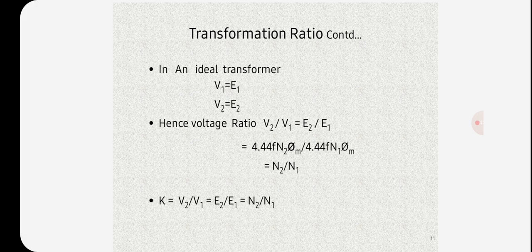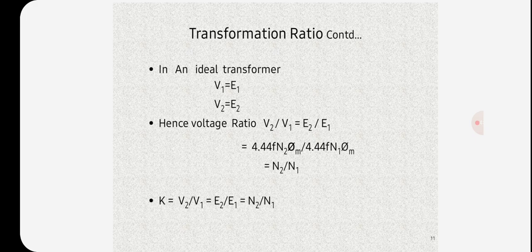So here it means that EMF per turn is the same in both the primary and secondary windings. In any transformer, the secondary and primary induced EMFs are related to each other by the ratio of the number of secondary and primary turns.